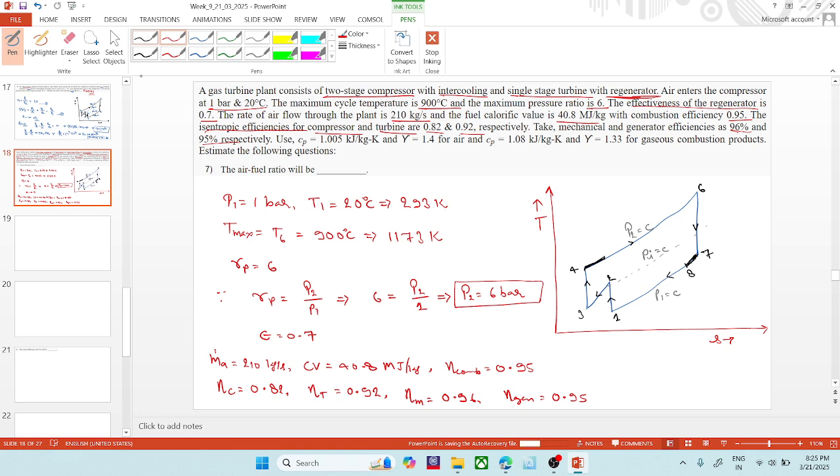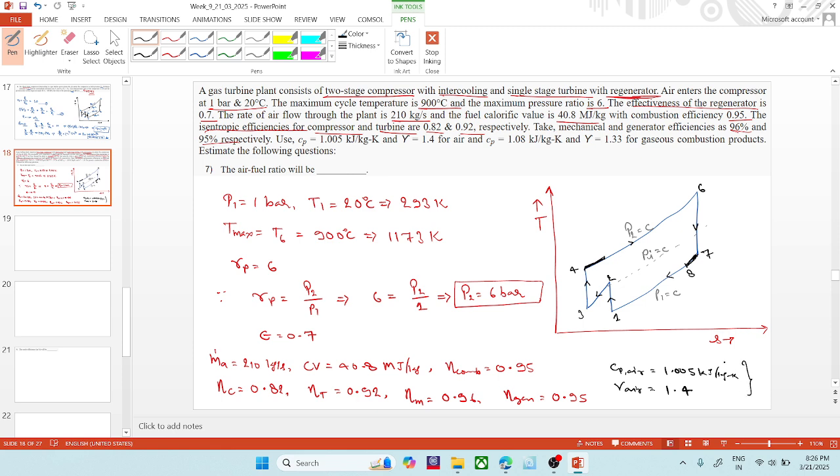Now we have to use Cp of air is equal to 1.005 kilojoule per kg Kelvin, and gamma of air is equal to 1.4.